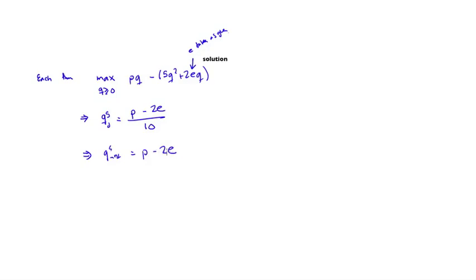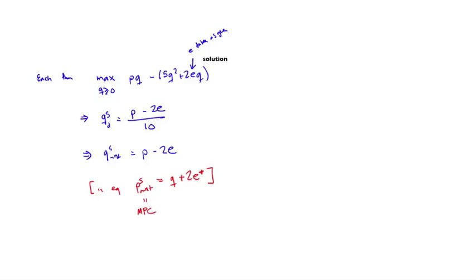Notice, by the way, as a side note, that in equilibrium the inverse supply function is Q plus 2E star. And this is the marginal private cost that the firms are going to use to make their decisions.